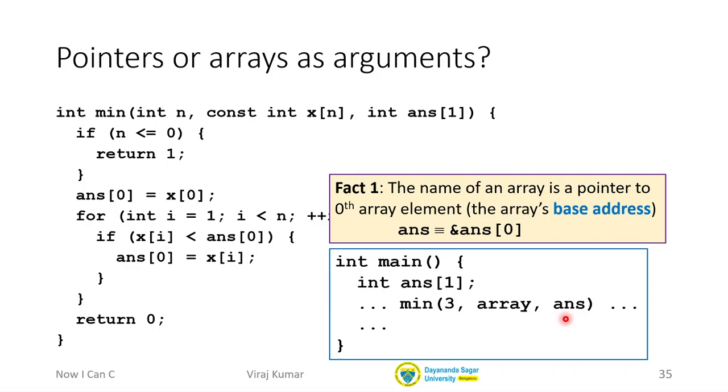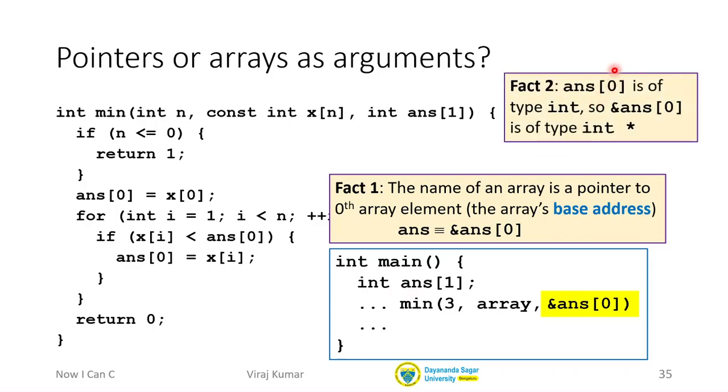Now that means we can just replace this with address of ans[0] and it should mean exactly the same thing. These two expressions are equivalent. Well, what is address of ans[0]? Ans, we have said, is an array of integers. And that means ans[0] is an integer. And so address of ans[0] must be a pointer to an int, something that can hold the address of an int.